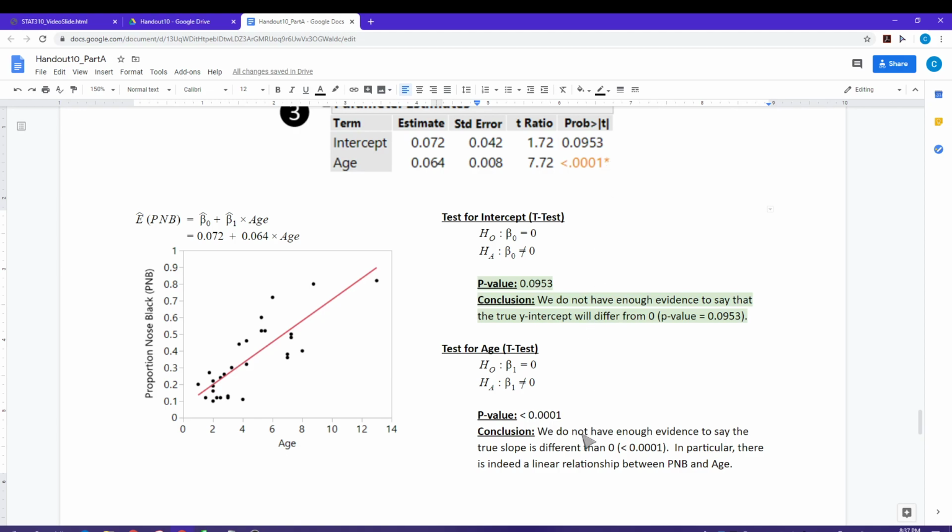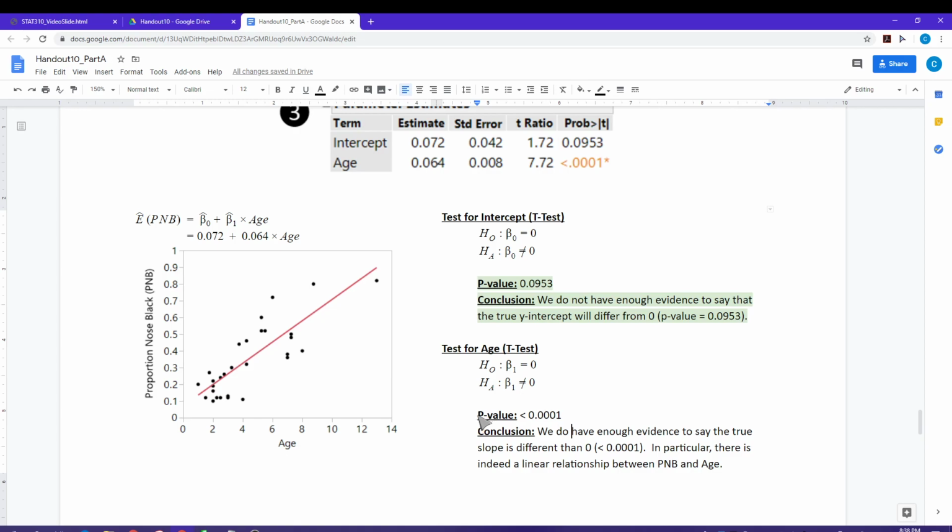So, copy and paste mistakes there, we do have enough evidence to say that the true slope is different than 0. In particular, we can say that there is indeed a linear relationship between the proportion nose black and age.